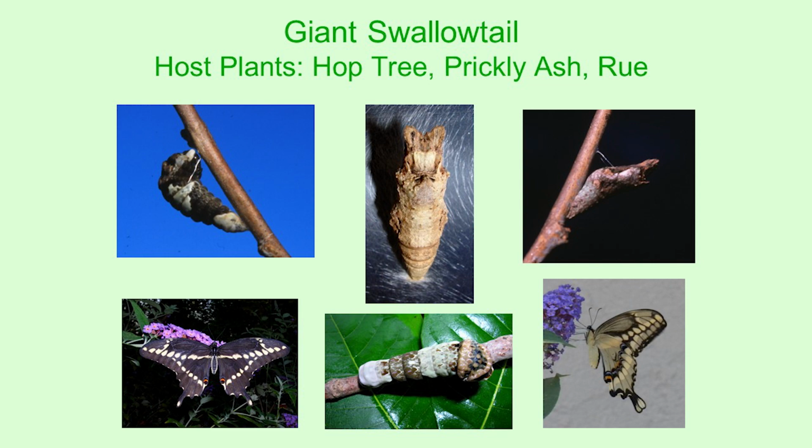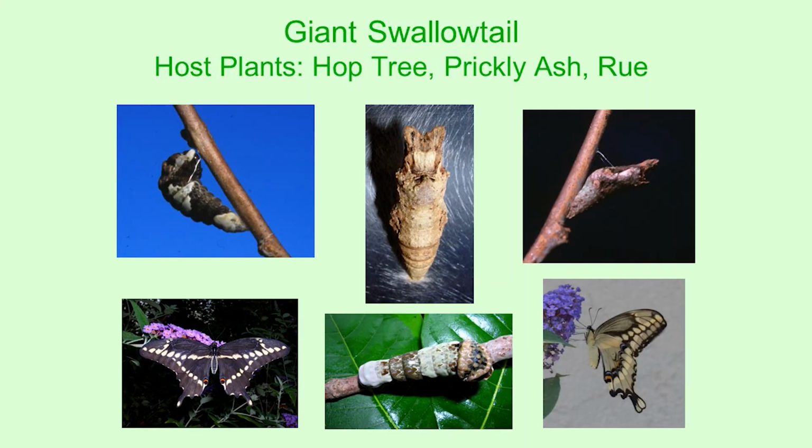But if you have only a very small yard and no place for a tree, you can plant a plant called rue, common rue. It is non-native, but it is a host plant for both the giant swallowtail and the black swallowtail. So you can make an exception and plant rue instead of a native plant.